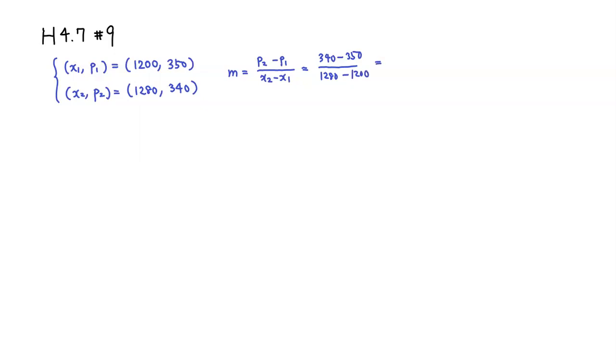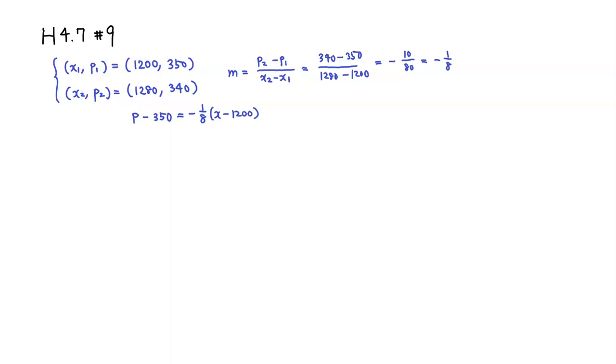So we'll get negative 10 over 80, which is negative 1 over 8. Right? So we know the slope, and we can use point-slope form. So P minus P1, 350, is equal to the slope, negative 1 over 8, times X minus X1, 1200.